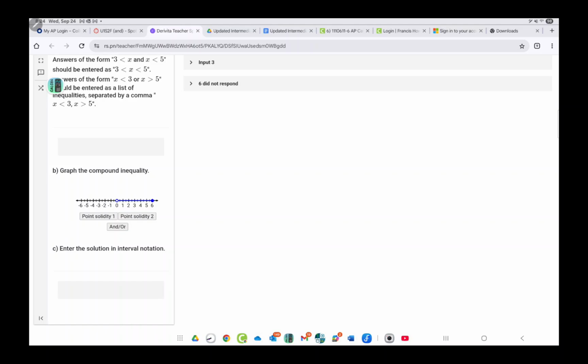That bracket, by the way, you can type a bracket. So the bracket is right beside your enter button, right above your enter button.